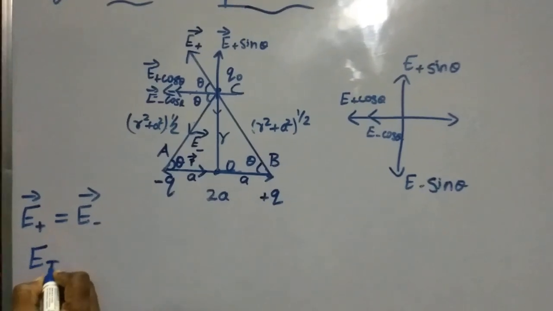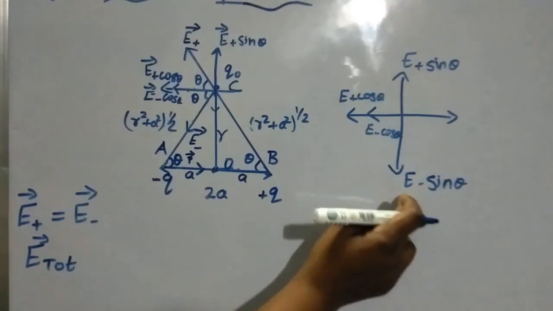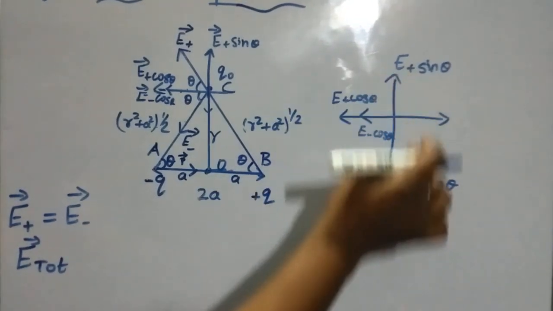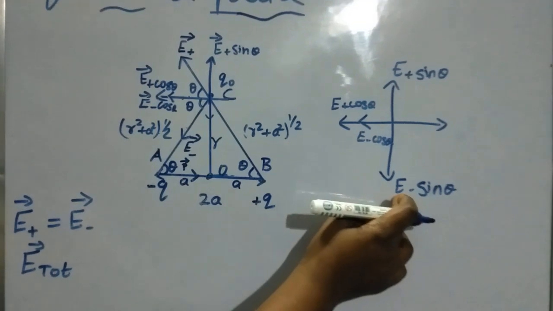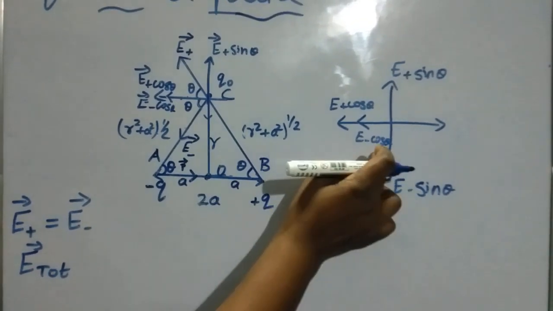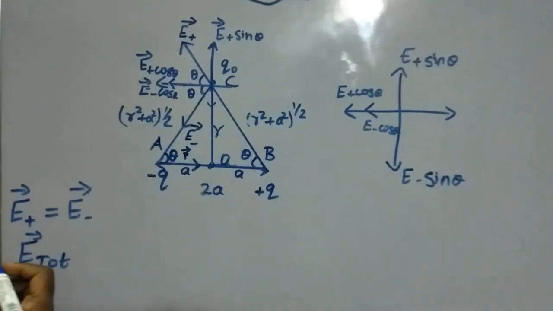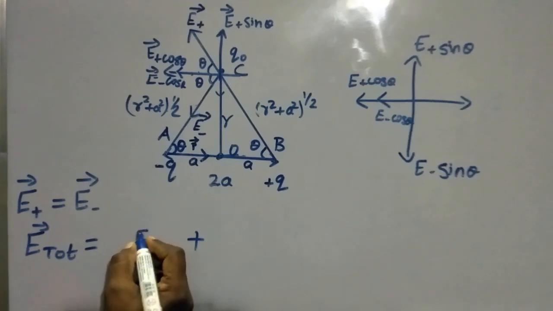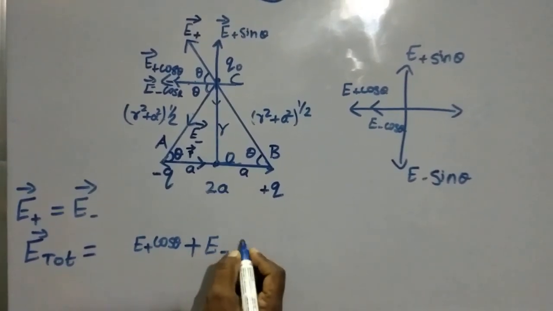E total vector equal to, in this diagram, E plus and E minus values are equal. So here the direction is opposite. So E plus sin theta and E minus sin theta cancel each other. Now we have E plus cos theta and E minus cos theta. So E total vector equal to summation of E plus cos theta and E minus cos theta.